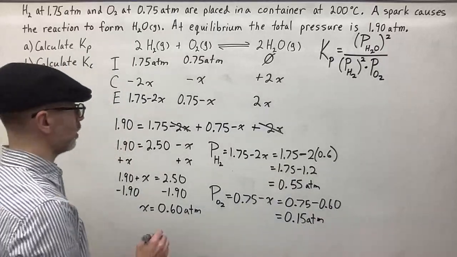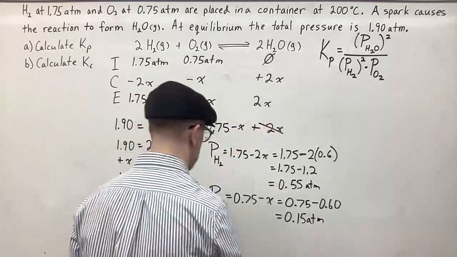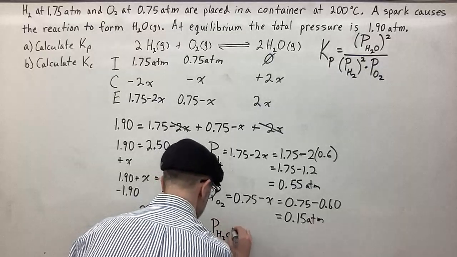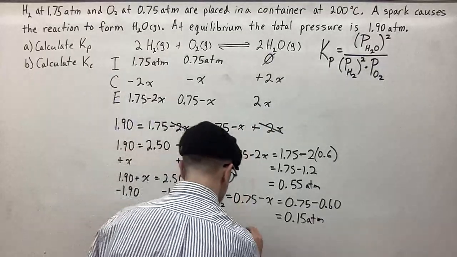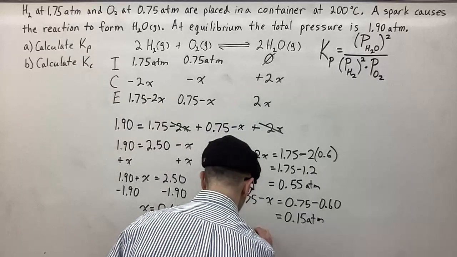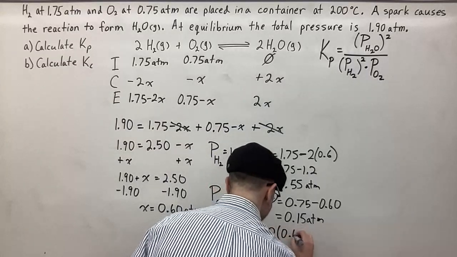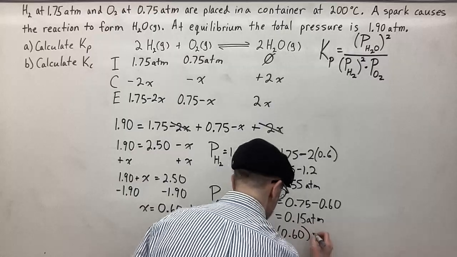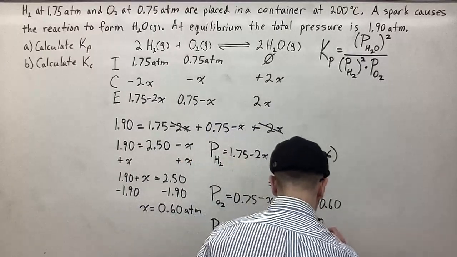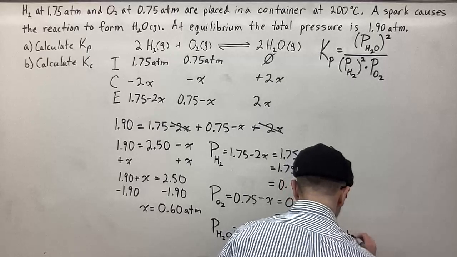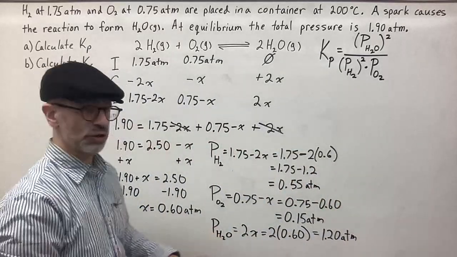And then finally, the partial pressure of water vapor. So we have pH2O is equal to 2x, which is going to be 2 times 0.60. And so, again, that's going to give us 1.20 atmospheres. So we have the partial pressures now.